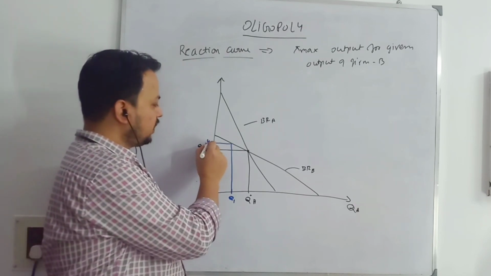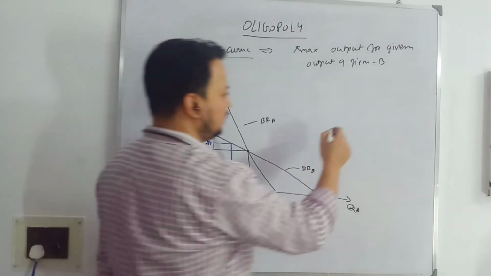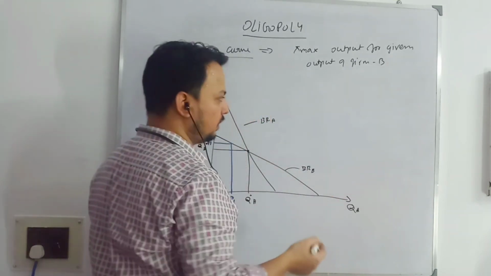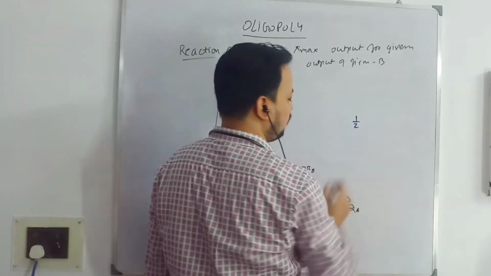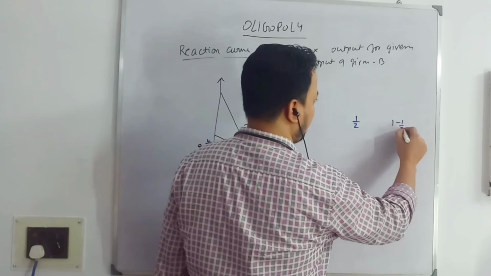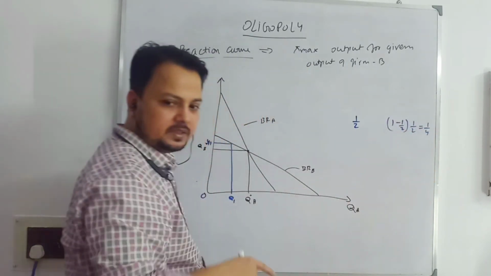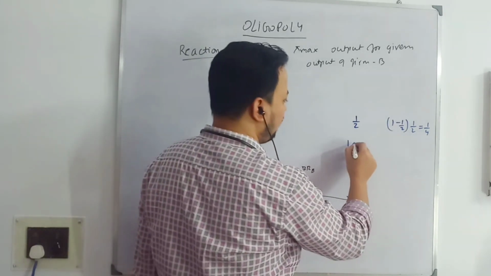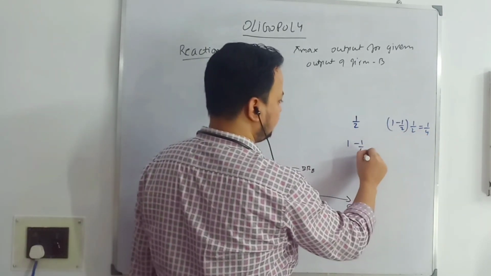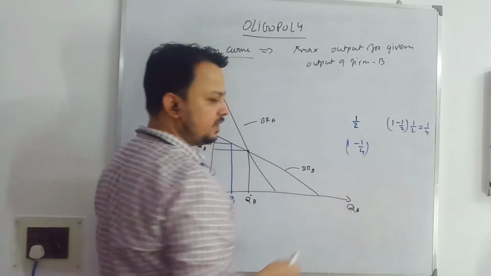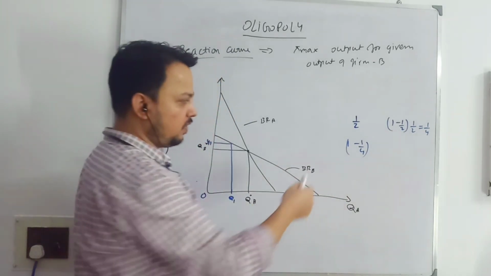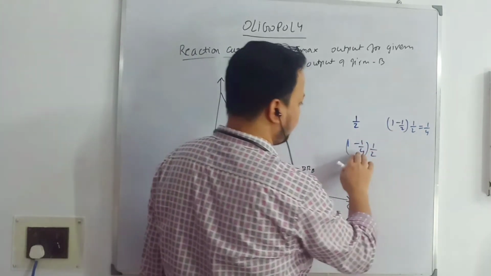Remember the example that we have done. Firm 1 is producing half output, firm 2 has taken this half output as given and produced its profit maximizing output. Then in the next period, firm 1 will take this output level as given. So this is the market share available to firm A, and it will produce half of it.